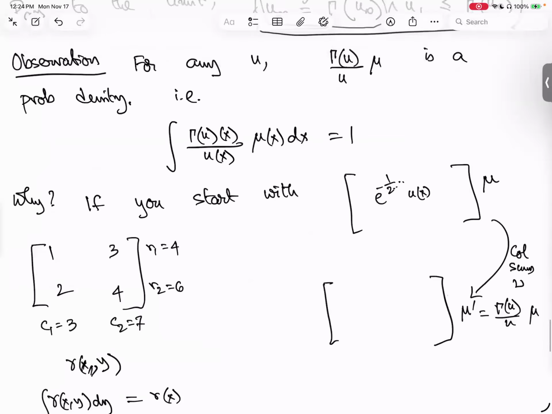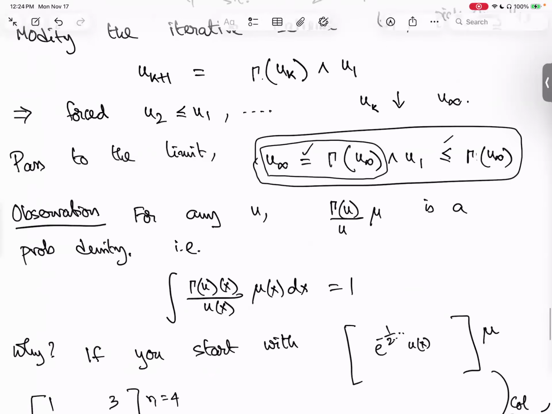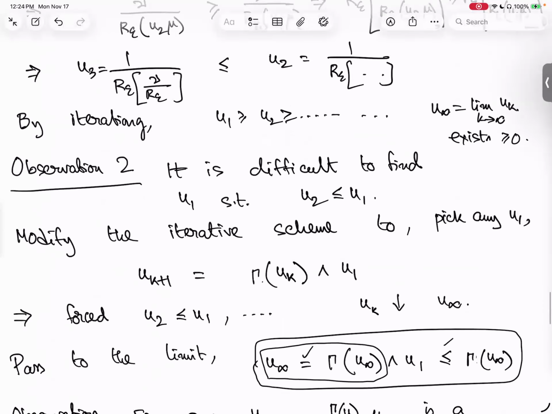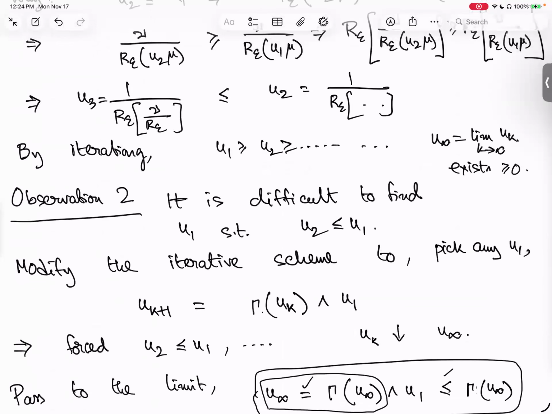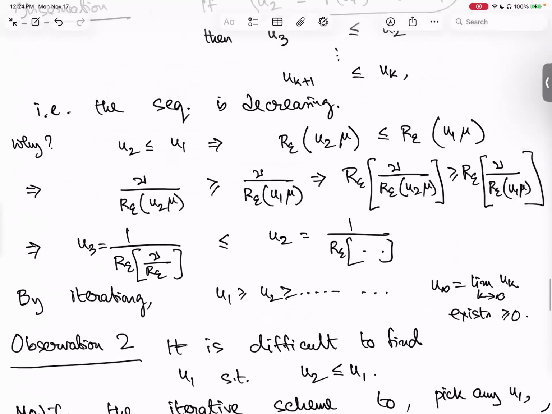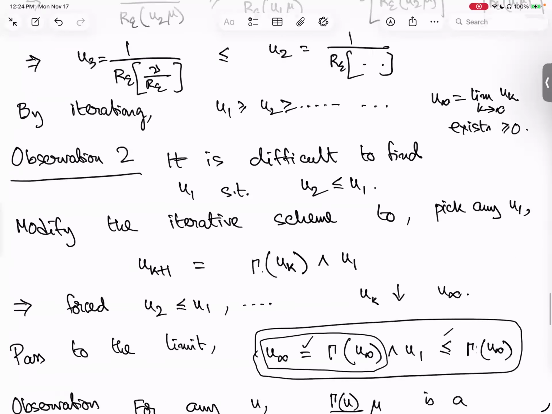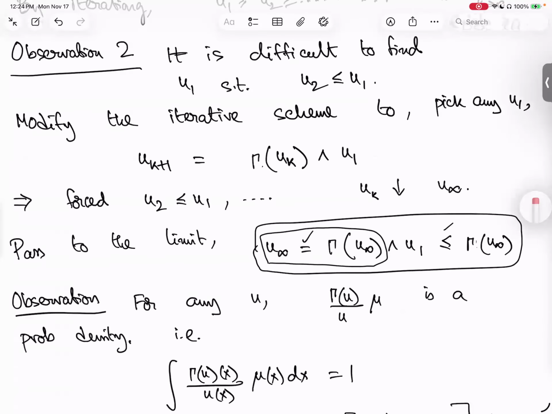Okay, so let's go back to this point here. So I have this U2. So U2 is less than or equal to U1 just by definition, because I take gamma of U1 and I take minimum with U1. Now let's take U3.